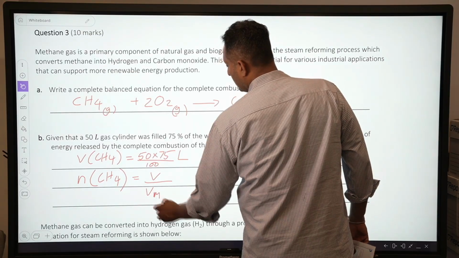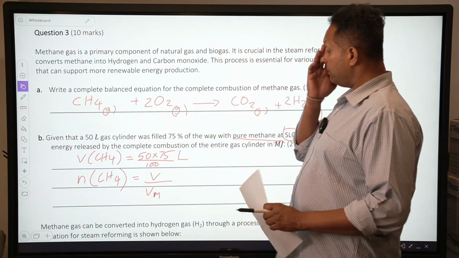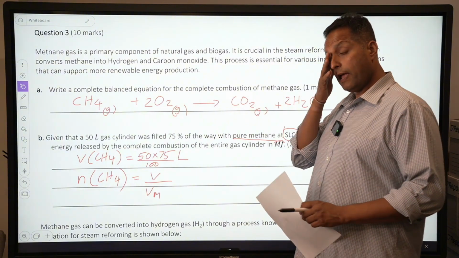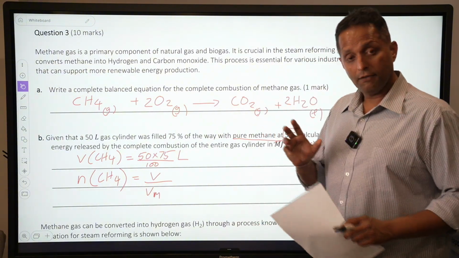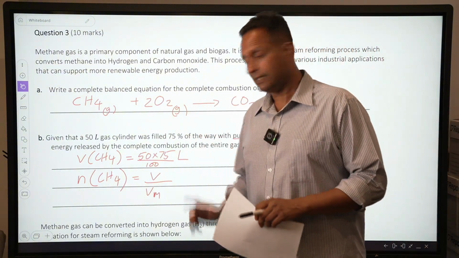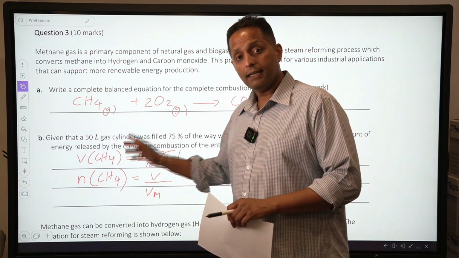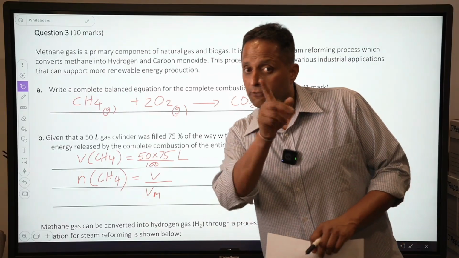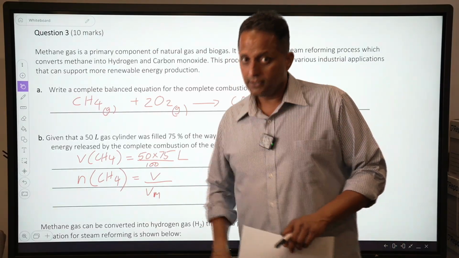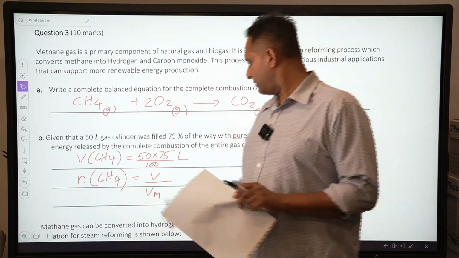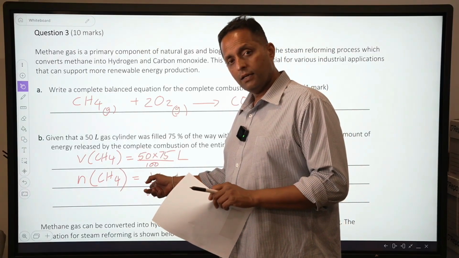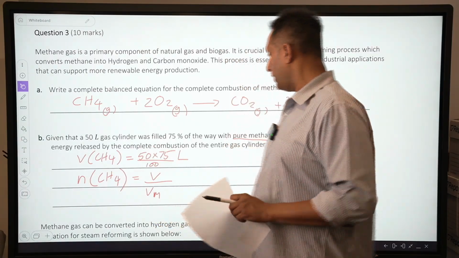Everyone knows what Vm is at SLC. Every mole of a gas will take 24.8 liters. So if you want to find out the number of moles of a gas, only for a gas, not for a liquid, you divide the volume by 24.8.